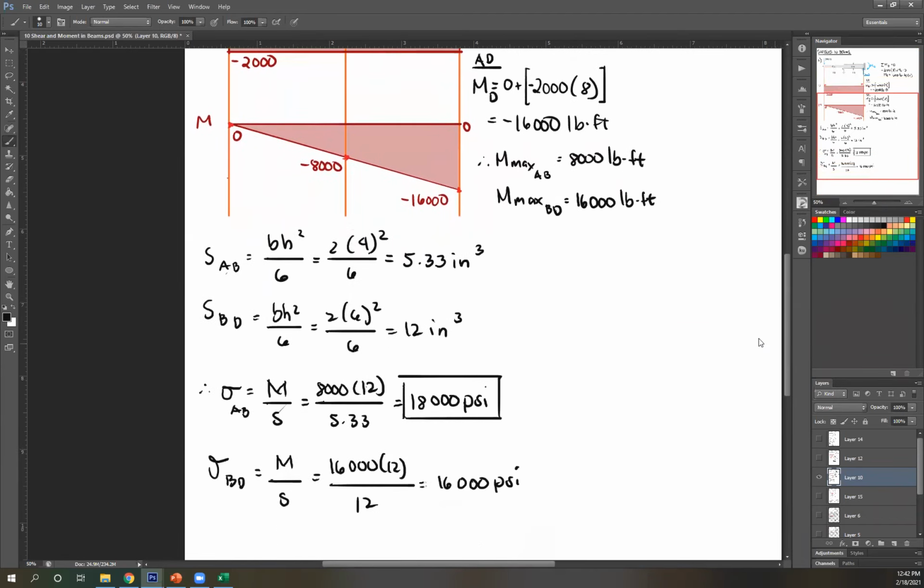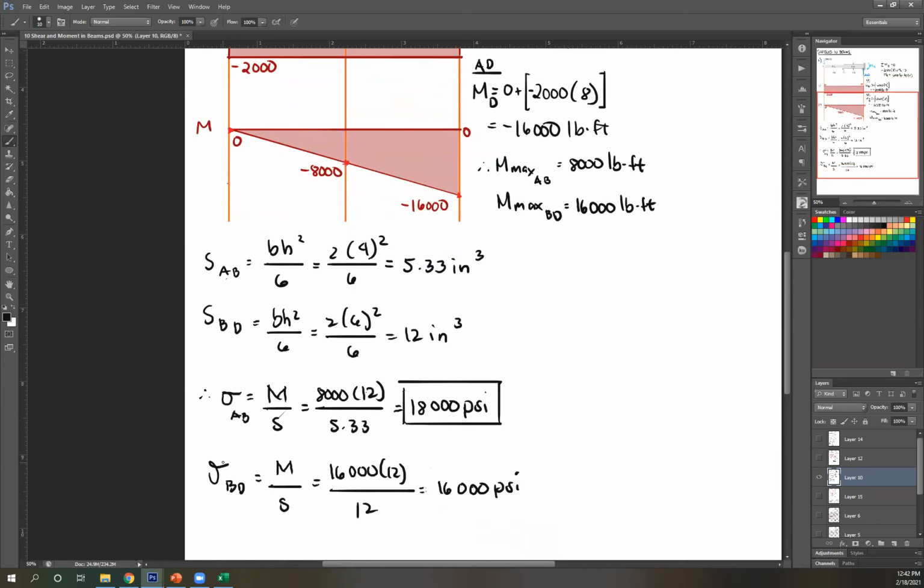Next, sub that in your equation, flexural stress equals M over S. So for AB, M is 8,000. This is in pound-foot. Our S is in inches, so convert feet to inches. So that's why there's a 12 here. Feet to inches. So 8,000 times 12 over S, 5.33. You get 18,000 PSI.